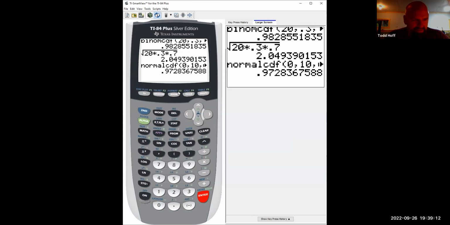And we get 0.9728. So it's a little ways off, but it's not terribly far off. 0.1 is the difference. Part of that might be the round off in the standard deviation.